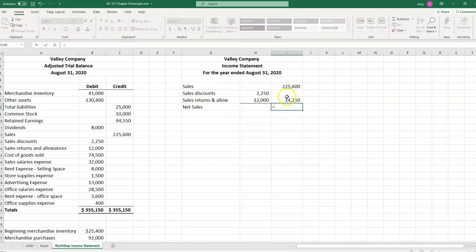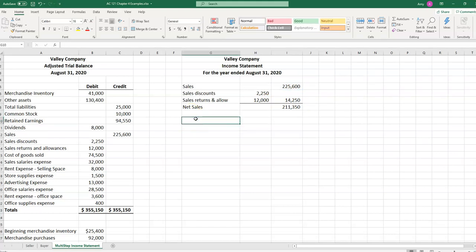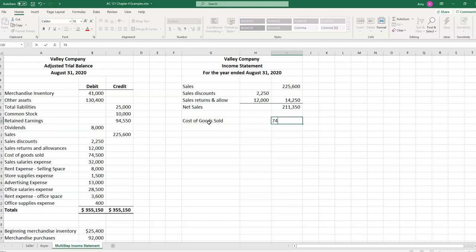So sales minus sales discounts and sales returns. And now, then we put cost of goods sold. So cost of goods sold, $74,500. The difference between cost of goods sold and our net sales is our gross profit.